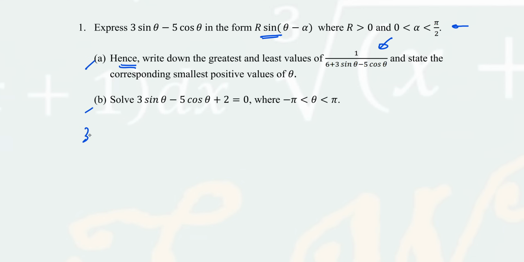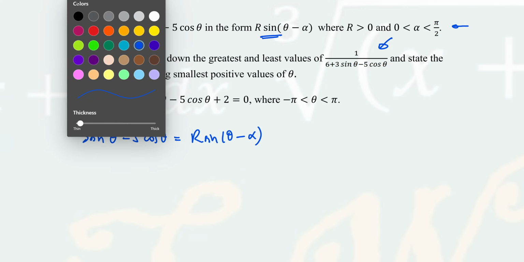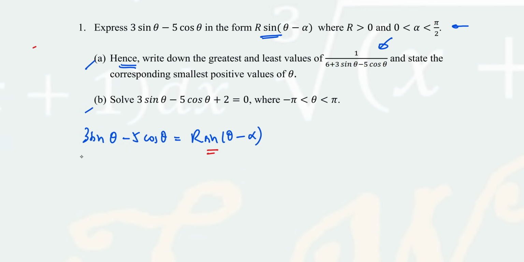First of all, I will express it in the harmonic form. So now you can just check. When the right side is sine, the first one must be sine. That means my a is positive 3. And here, if it is sine, you have to follow the plus or minus sign inside the bracket. So here minus, this is also minus. Which means now I will just write down my a and b.